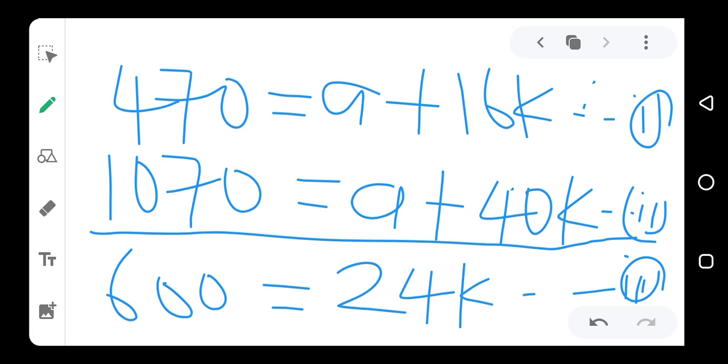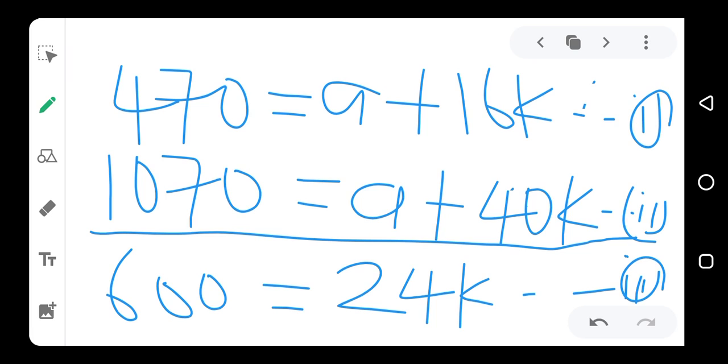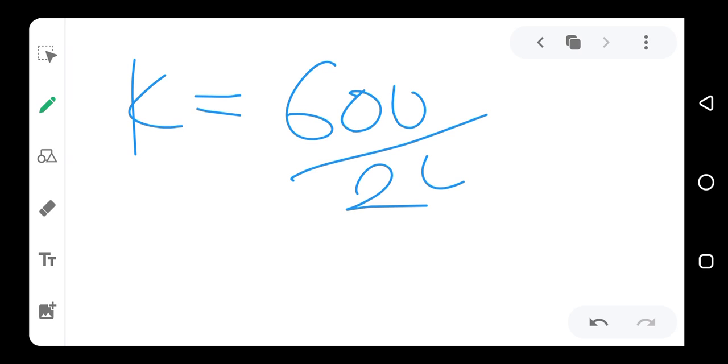Then from this equation 3, it means that 600 is equal to 24K, so if we make K the subject, K is equal to 600 divided by 24. 600 divided by 24 will give us 25.